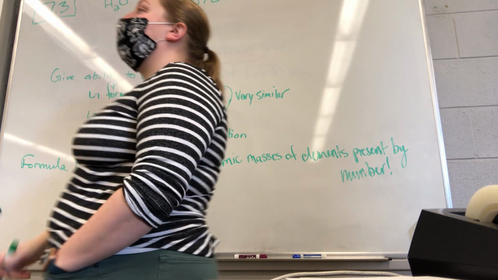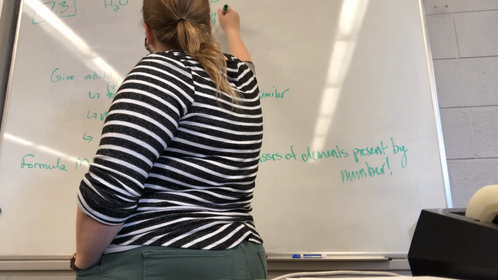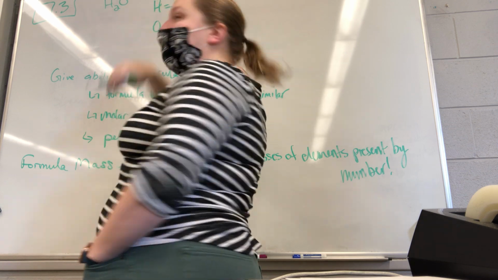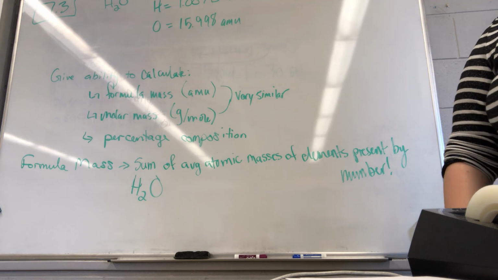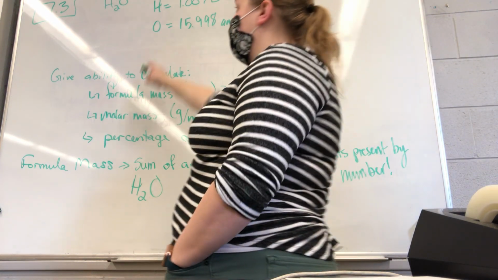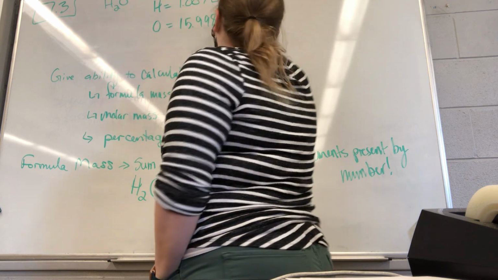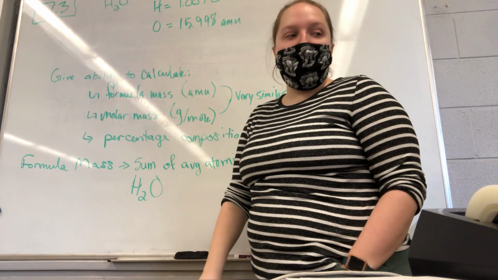An oxygen atom has a mass of 15.998. And again, since we're dealing with formula weights, our unit is in AMU. Now in H2O, there are 2 hydrogens and 1 oxygen. Do you agree? Yes. Okay. So we're going to multiply this one times 2. Gonna want your calculator out today.